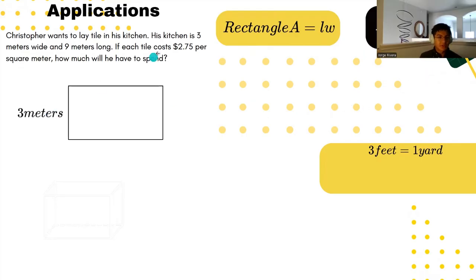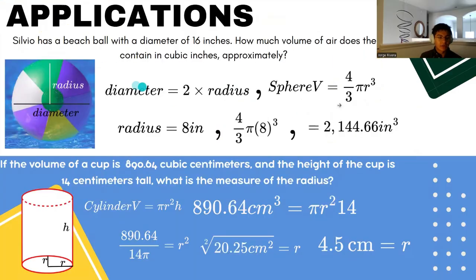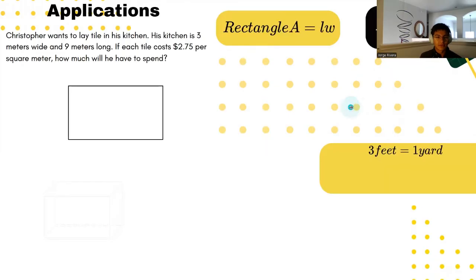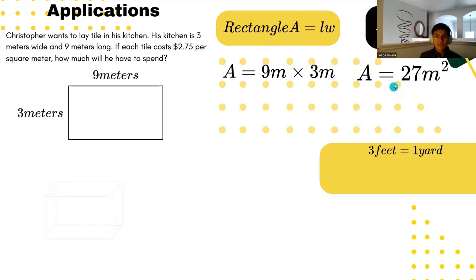We know that it's 3 meters wide and 9 meters long. That means the area is going to be 9 times 3, which is equal to 27 meters squared. So we can just set up a proportion.